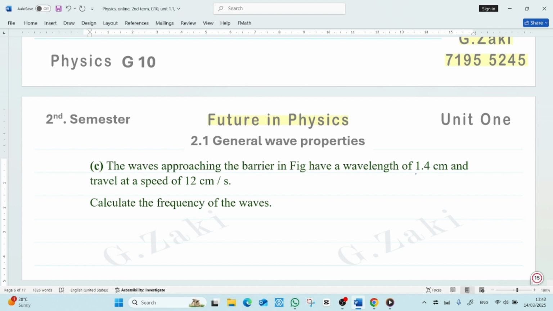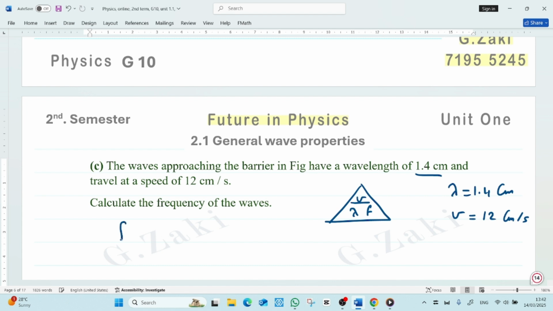Next question. Then we have lambda 1.4 centimeter, traveling at speed V, 12 centimeter per second. Calculate the frequency. It's an easy question. We use the formula V equals lambda times F. Now, if the speed is in centimeter per second and lambda in centimeter, you don't need to change the units because the frequency will be in hertz.